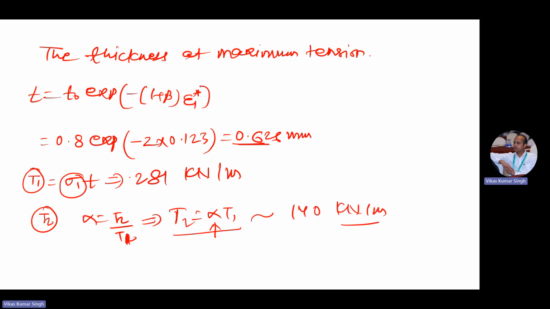So in this case, what is the conclusion? So the plane strain at the maximum tension is greater, but the thickness at the maximum tension is same.